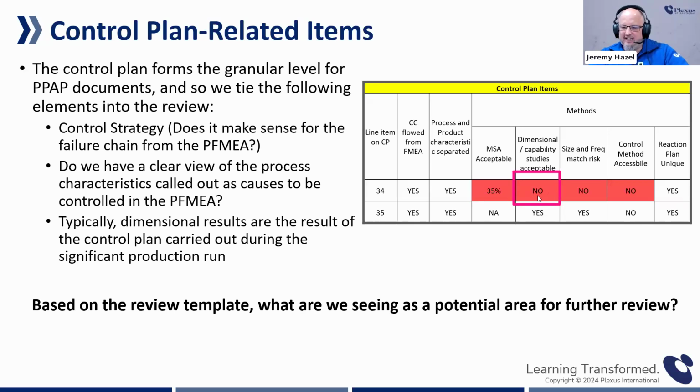So it might be in the yellow area, but if your MSA is 35%, you have something you need to really look at. Now, some of you out there will go, well, gauge R&R less than 10% is good, 10 to 30 is questionable, and over 30 is no good.